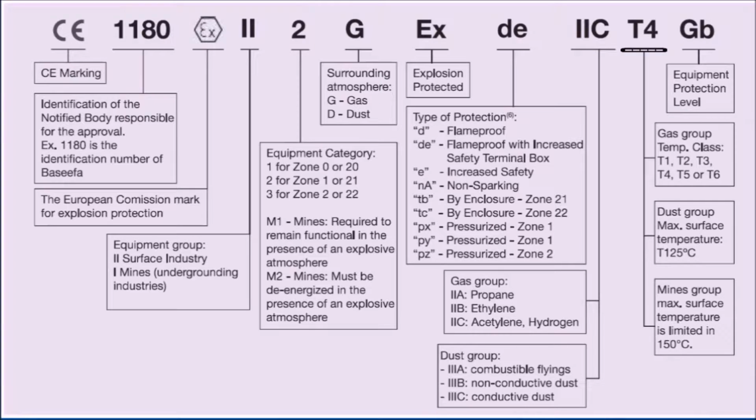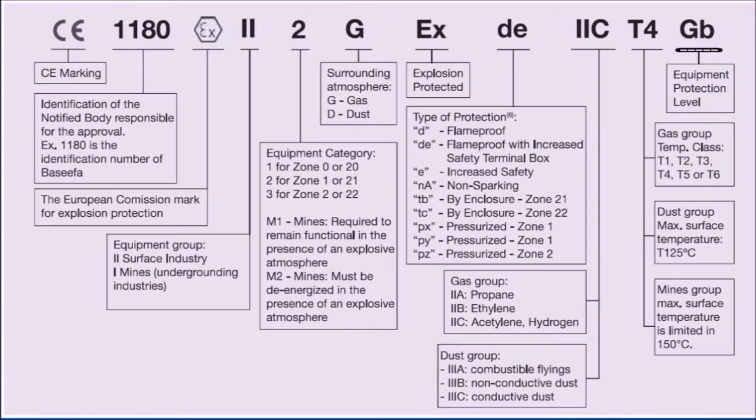This highlighted digit represents the temperature class under a gas group. Temperature classes were talked about earlier. Under a dust group, maximum surface temperature is 125 degrees C. Under a mines group, maximum surface temperature is 150 degrees C.